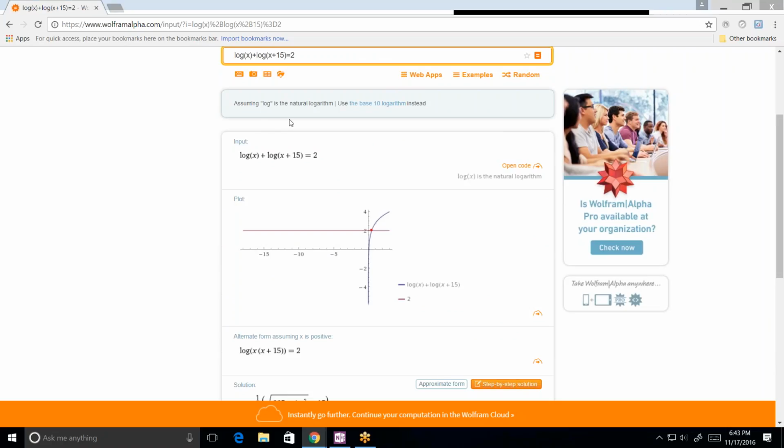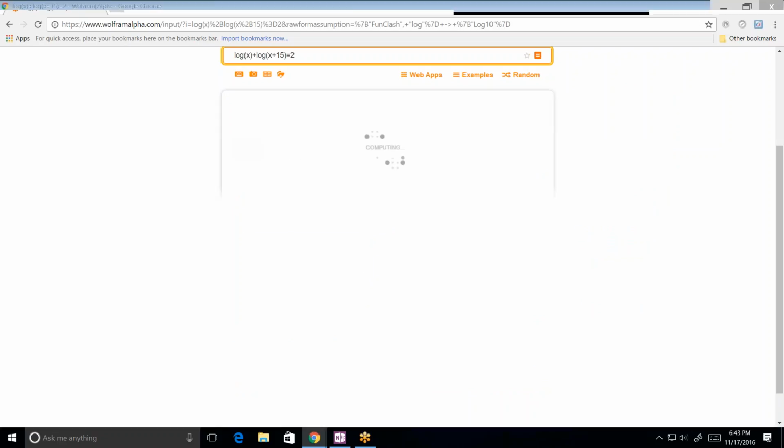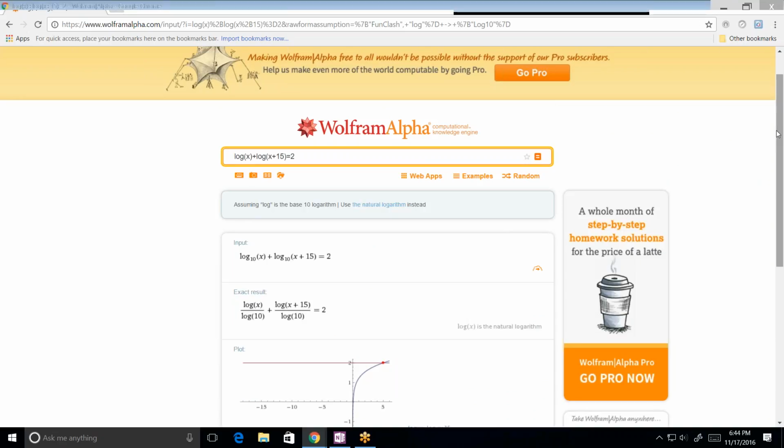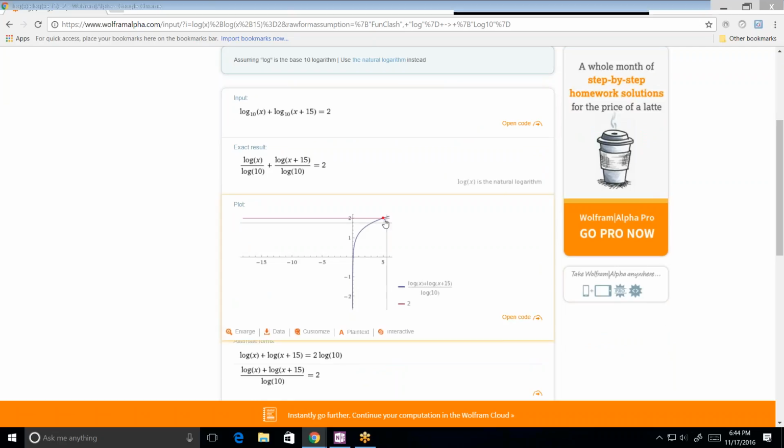Assuming, here's the problem, assuming log is natural log. They interpreted this as natural log instead of common log. Use the base 10 log instead. Well, if I click on that, now it's going to give me a proper chart, and my x value comes at 5 right there. So it wasn't Wolfram Alpha that was screwing up. I was putting the wrong log in there.